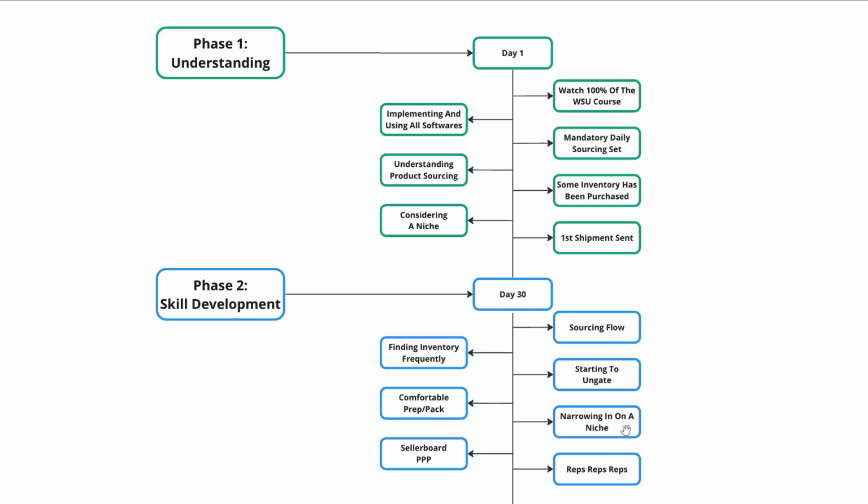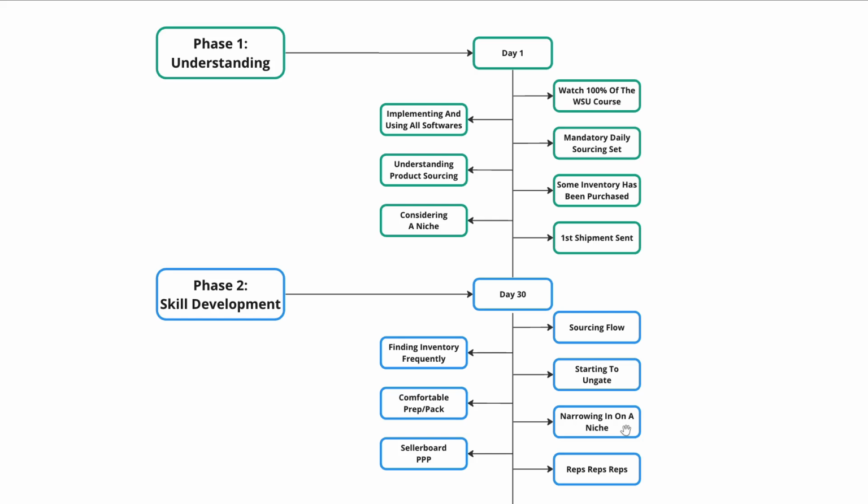So let's say we are going to focus on grocery primarily and toys, but instead of just looking at grocery as a broad category, we're going to start going into more ethnic foods, for example. So we're going to look at Mexican food products, Thai food products, Indian food products, all of these different ethnic foods. Now it's a much narrower niche that not everyone is looking into, and we're finding profitability there.